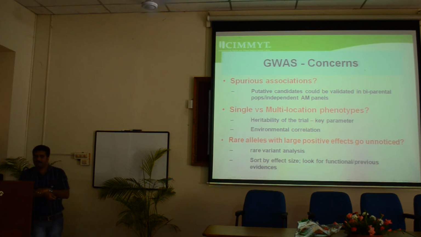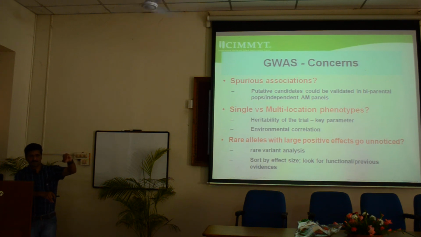For me, another important thing is, should we use single location phenotypes or multi-location phenotypes? For mapping, you use phenotypes, right? How do you generate phenotypes? By evaluating at multiple locations. So if you use 3 location phenotypes, I get one kind of result, okay? Important peaks. Suppose for the same trait, I added 2 more locations.